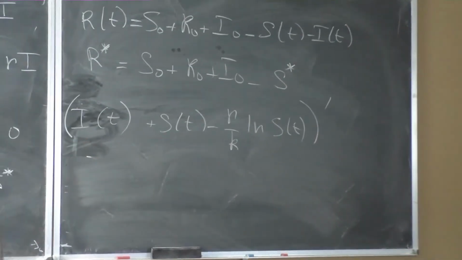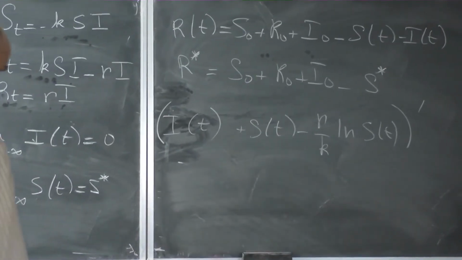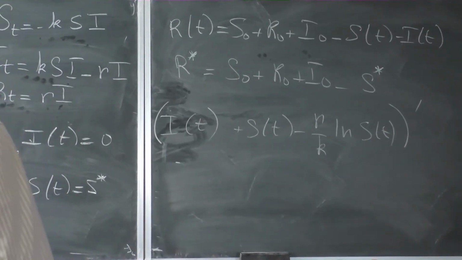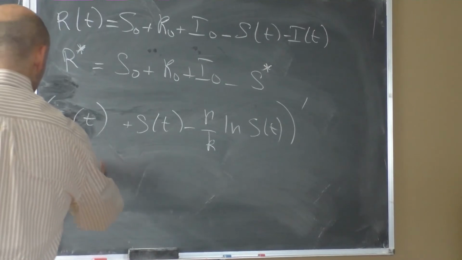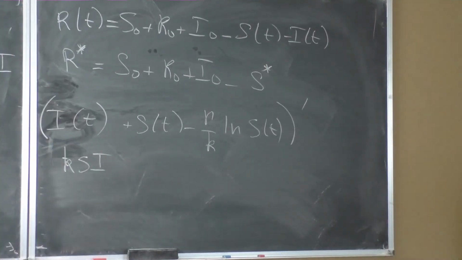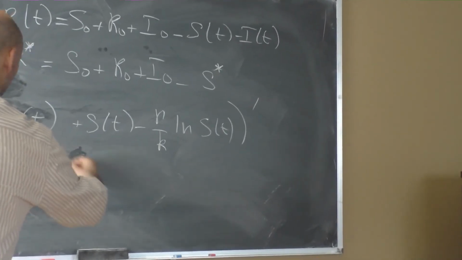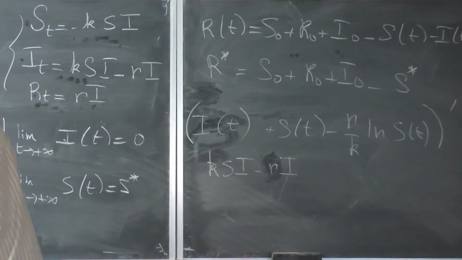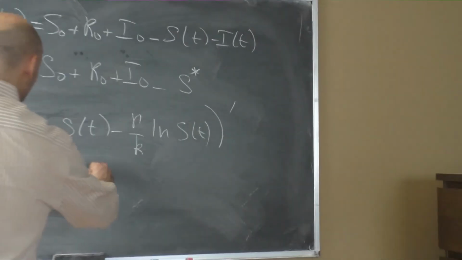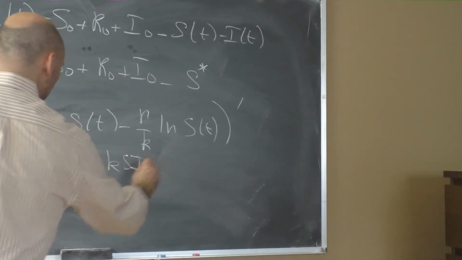So I take the derivative of this quantity and I just write what is written over there. So I get KSI minus R times I minus KSI. This is good.